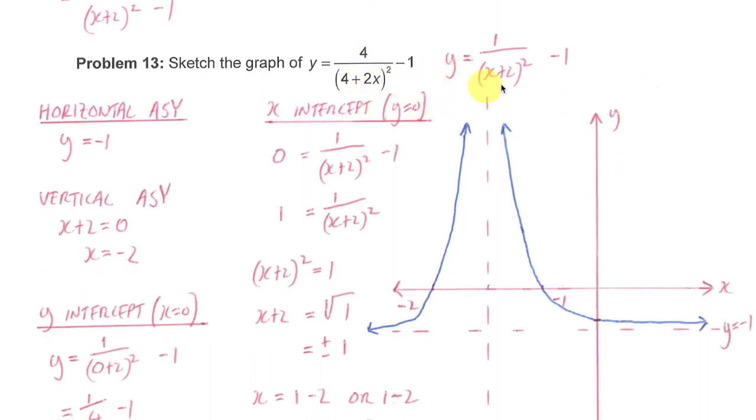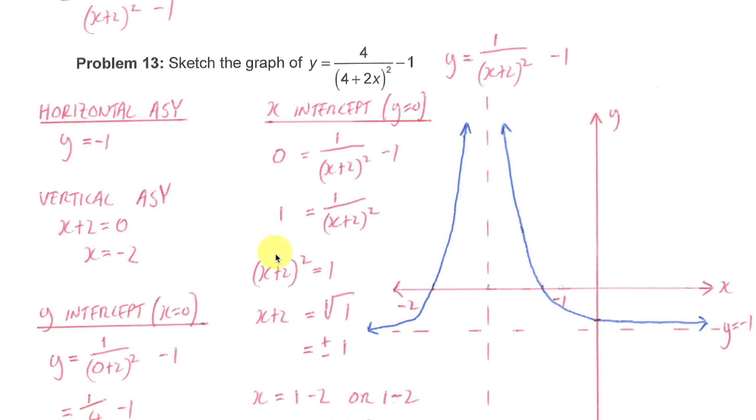Sketch this graph. Now, of course, I'm not working with it in that format, I'm working with it in this format because I know that they are equivalent. Horizontal asymptote, y equals -1. Vertical asymptote, x equals -2. X-intercept: I make y equaling 0. Add 1 to both sides.